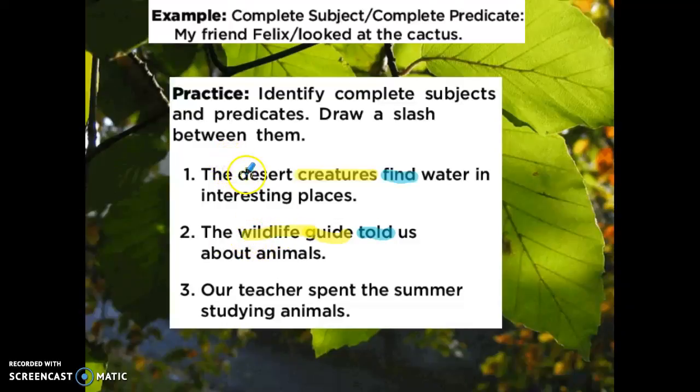Up here in number 1 it would be the desert creatures for the complete subject. Our teacher spent the summer studying animals. So let's find the verb first, which would be spent. Who or what spent? The teacher did is the simple subject. And our teacher would be the complete subject.